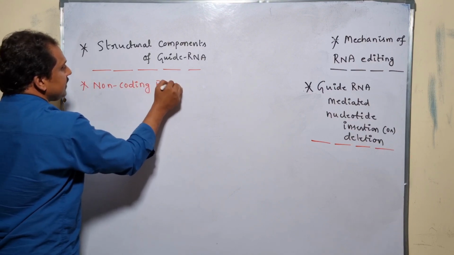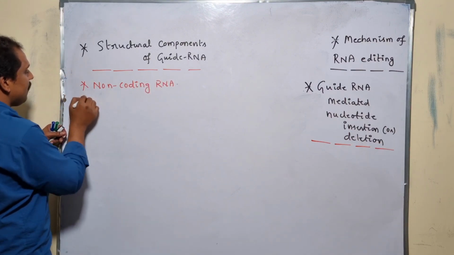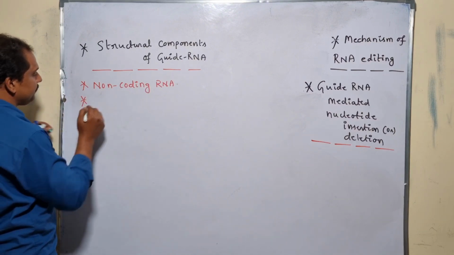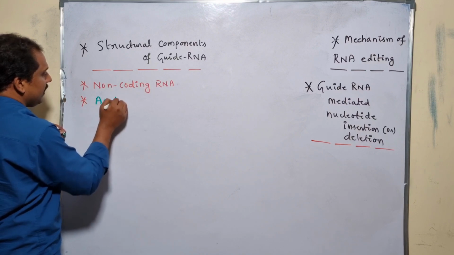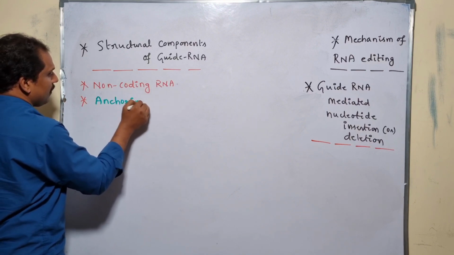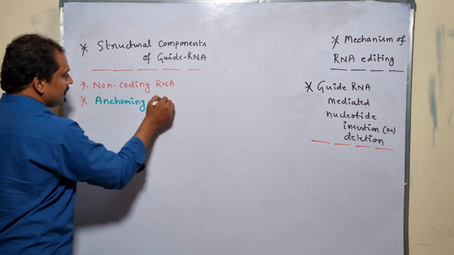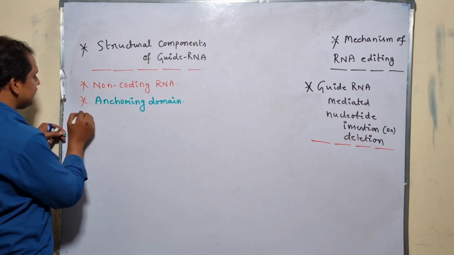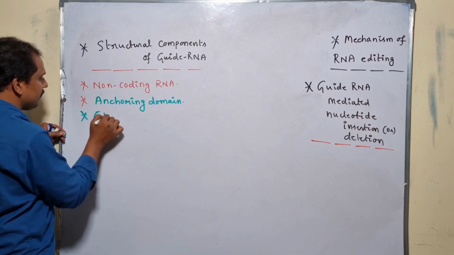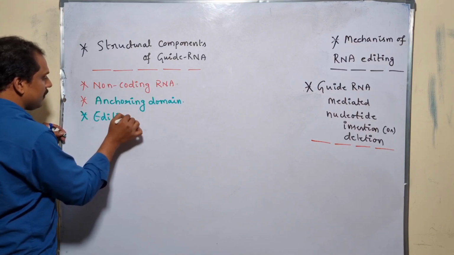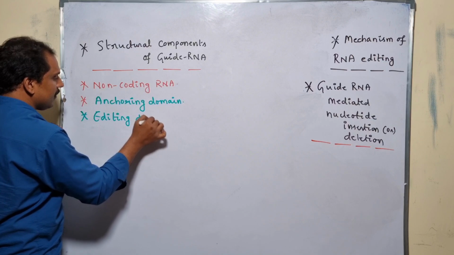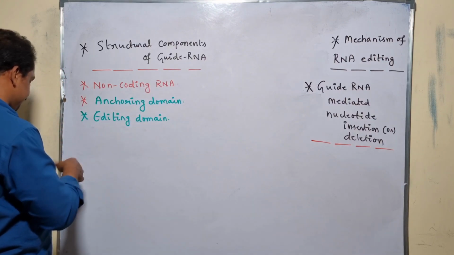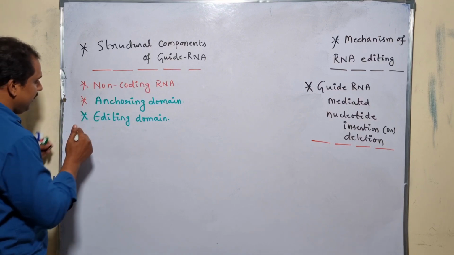And here it consists of three domains. What are those? One is the anchoring domain. Is it clear? And the other one is the editing domain. And the other one is the tail domain, right?